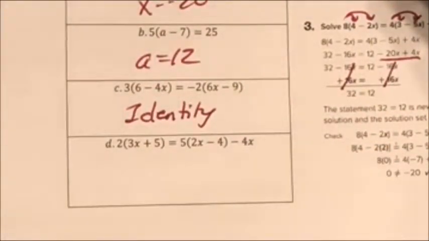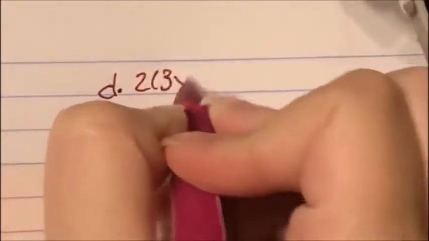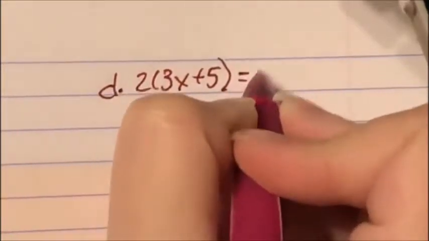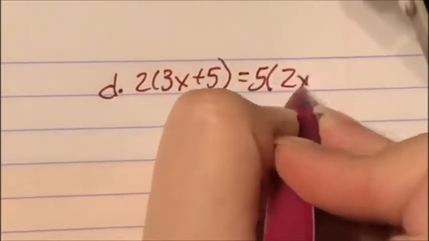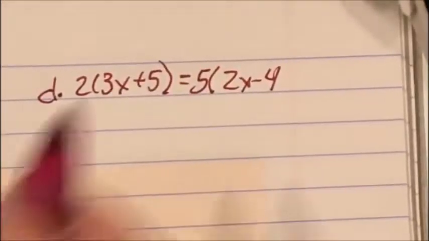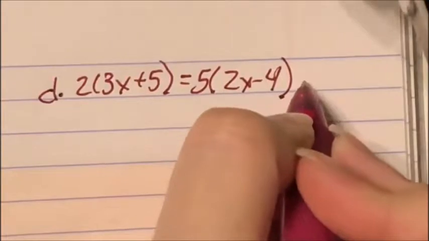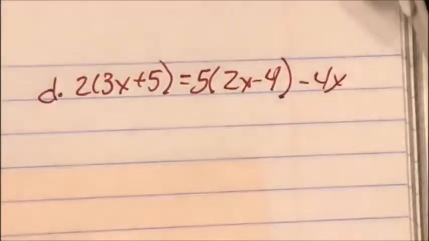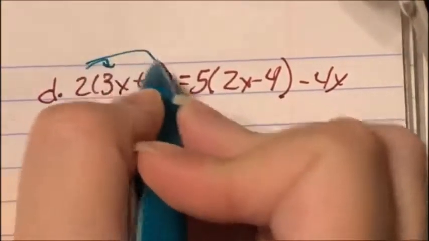All right, then letter D is 2 times the quantity 3x plus 5 equals 5 times the quantity 2x minus 4, minus 4x. Okay, I'm going to use the distributive property.